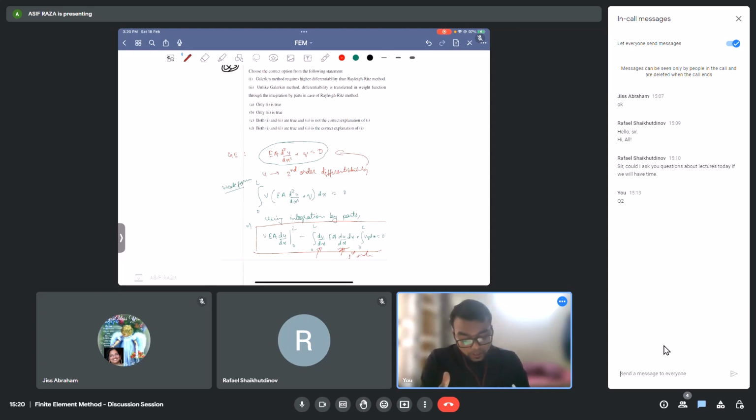As Galerkin method does not require integration by parts, it requires higher differentiability. While in Rayleigh-Ritz method, where we use integration by parts, we transfer the differentiability to the weight function, so the differentiability requirement for our solution reduces. So both statements are correct, and the second statement is the correct explanation for the first statement. I hope this clears it up.